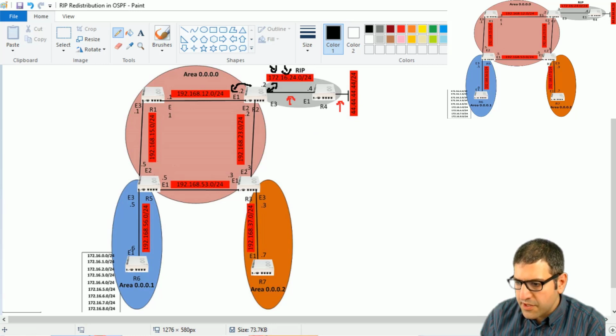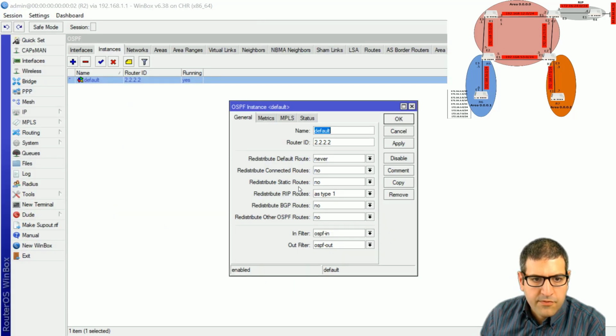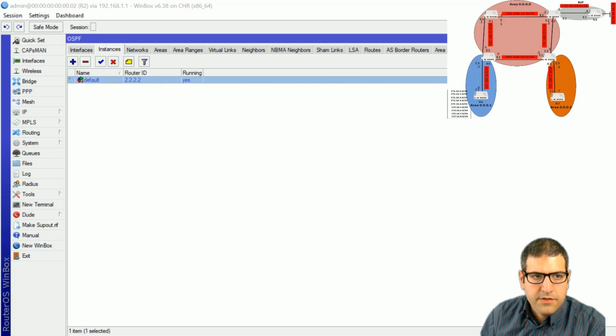So we need to advertise it as connected. I go here to redistribute connected, and say yes as type 1 as well, and okay. So now I have redistributed also the connected network inside OSPF.